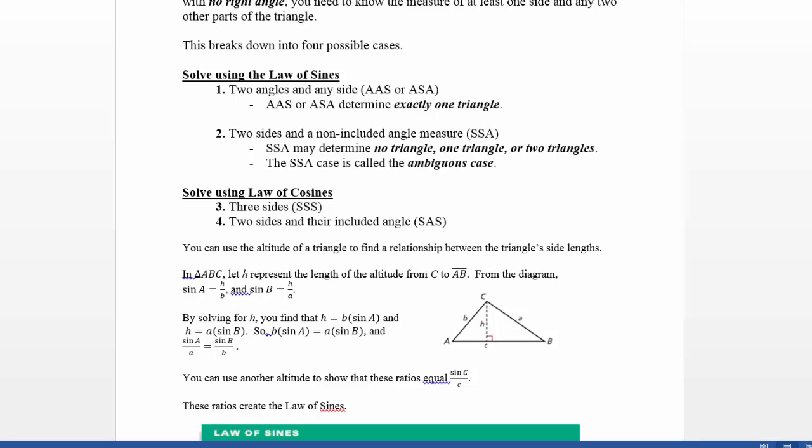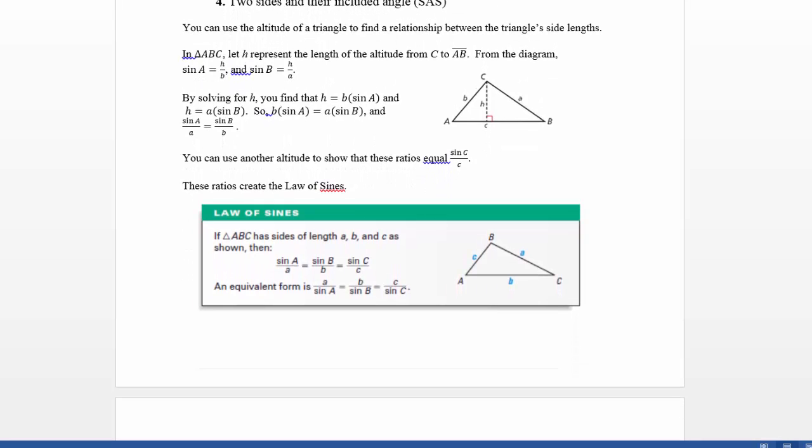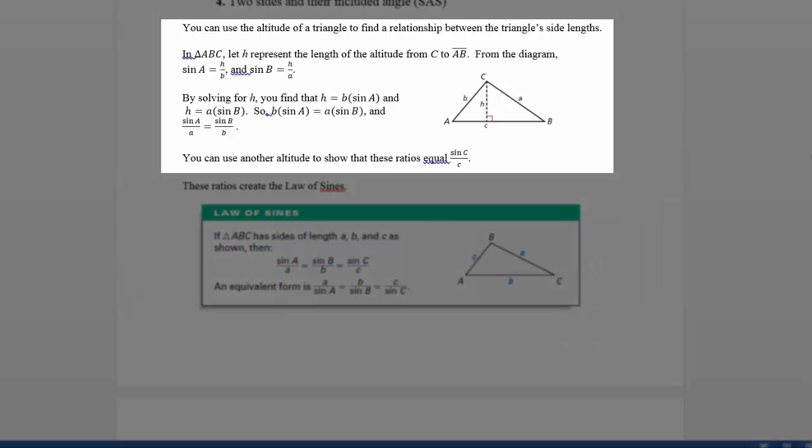Now, generally speaking, the law of sines is a result of finding the height of a given triangle from two particular points of view. So if we have a non-right triangle, like you see here, we have triangle ABC, we can draw an altitude that represents the height.